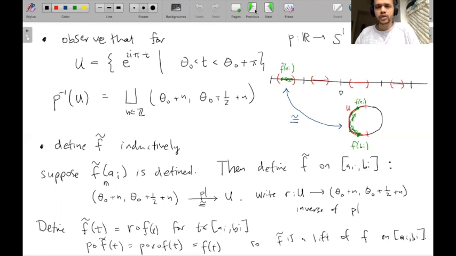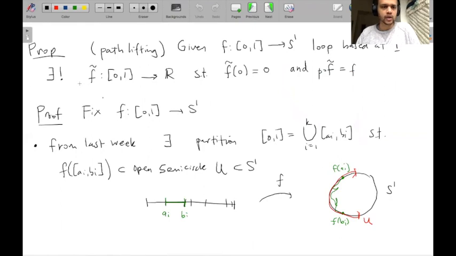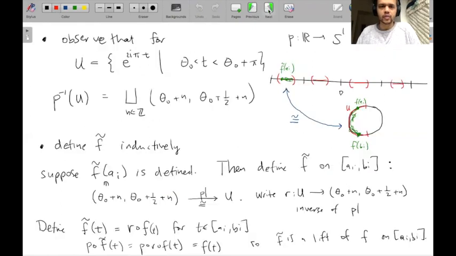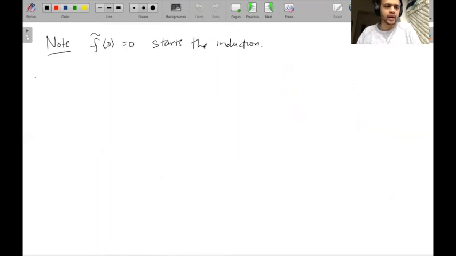So there is one other issue that needs to be discussed, which is the uniqueness here. Let me just say a word about that. So the uniqueness claim is that this f tilde is the only f tilde that satisfies the conditions that f tilde of 0 is 0 and that it's a lift.